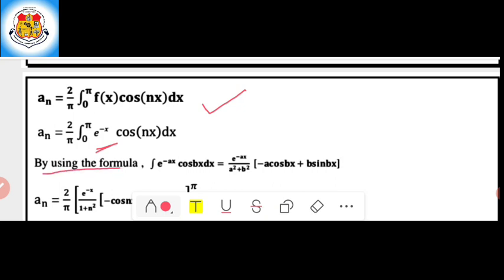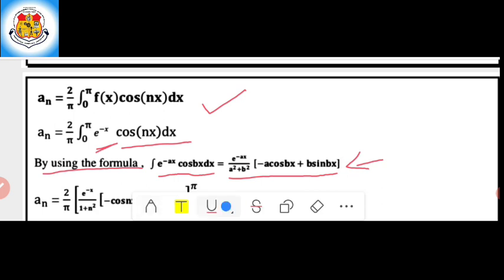By using the formula for integral e raised to minus ax cos bx dx, we determine this integral. We know the formula: integral e raised to minus ax cos bx dx is equal to e raised to minus ax upon a square plus b square in bracket minus a into cos bx plus b into sin bx.